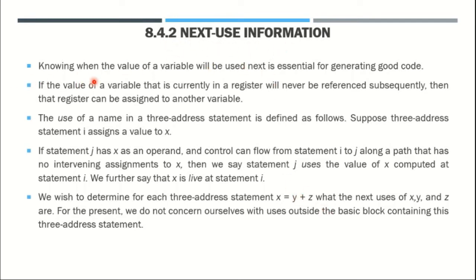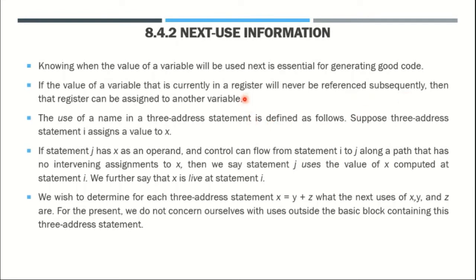Knowing when the value of a variable will be used next is essential for generating better target code. If the value of a variable that is currently in a register will never be referenced subsequently, then that register can be assigned to another variable.